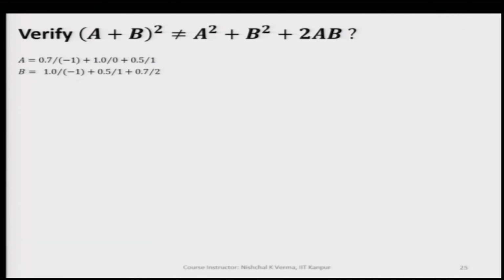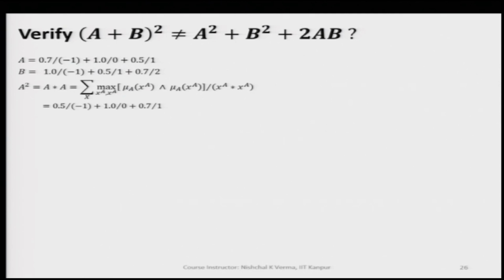So, let us work for the RHS, the right hand side of the expression. In RHS, we have the first term as A square, A multiplied by A. Once again, I would like to tell you that this A is a fuzzy number.